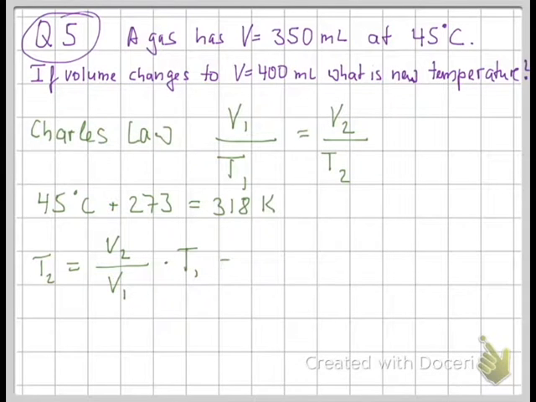Okay, so V2 was 400 milliliters. Those units are the same, so I don't have to do a conversion. Over V1 is 350 milliliters.